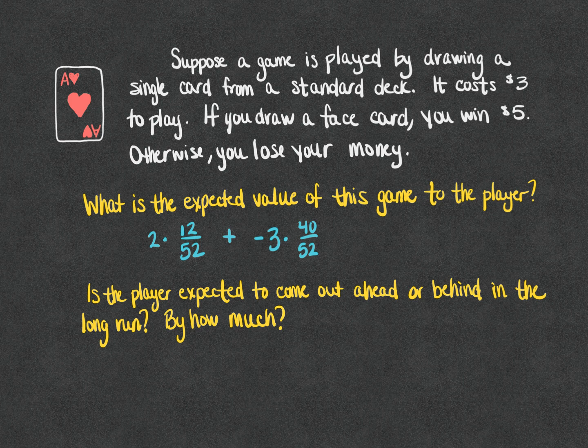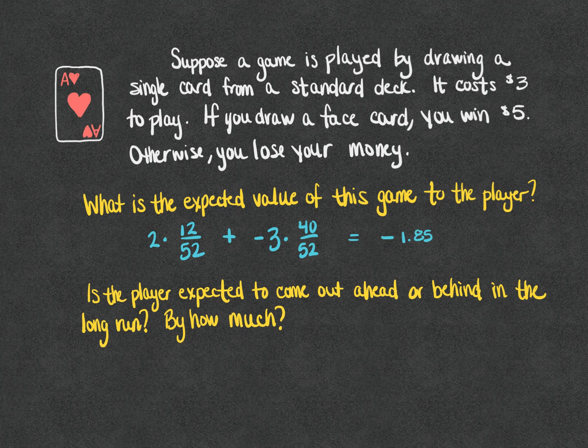Okay, take into account the fact that we did pay to play the game, and then multiplying these values and then adding or subtracting, since we have a negative value, we will determine that the expected value of this game is -1.85.